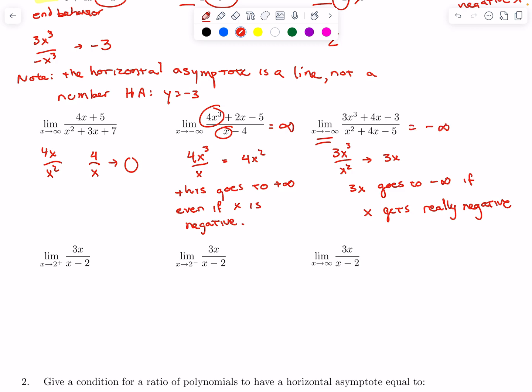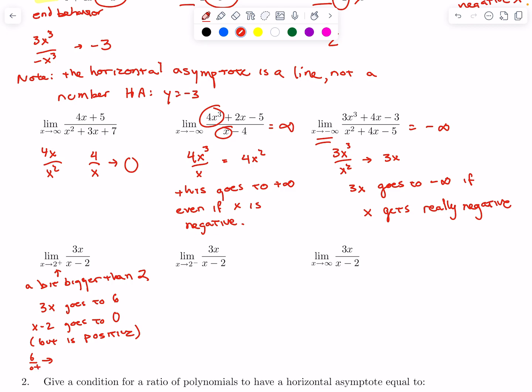Okay, it would be positive infinity on the right. So looking at 2 plus, you can graph it and see what the asymptote looks like, but if you look at this, you're a little bit bigger than 2. Okay, 6/0, positive infinity.